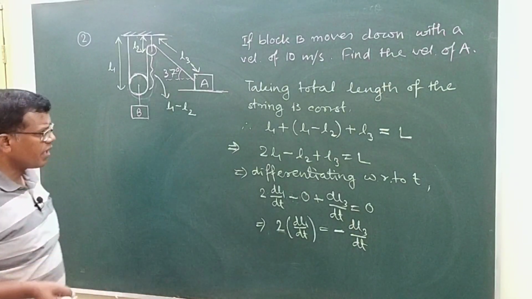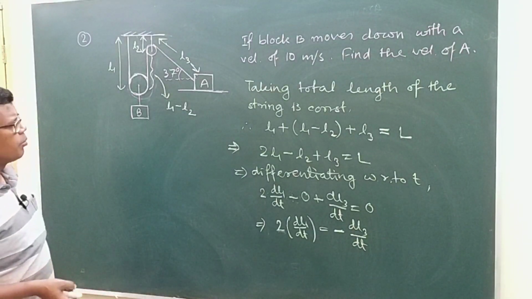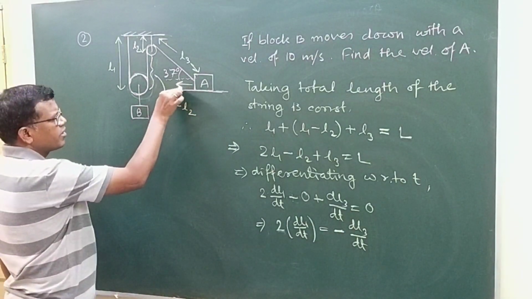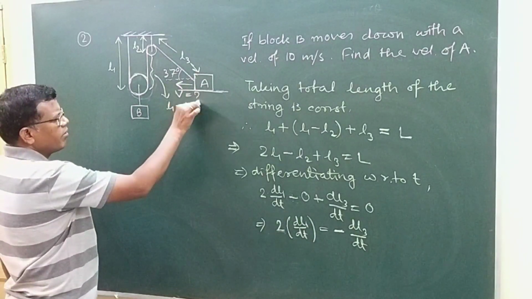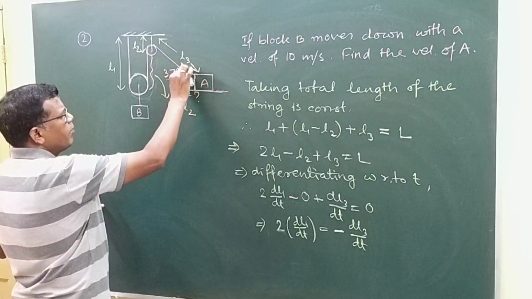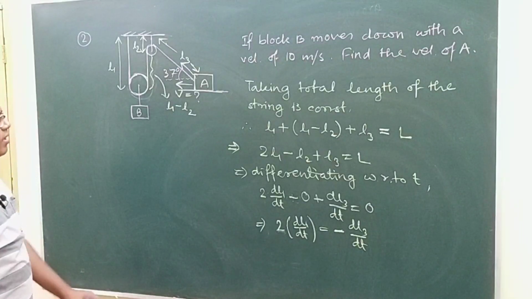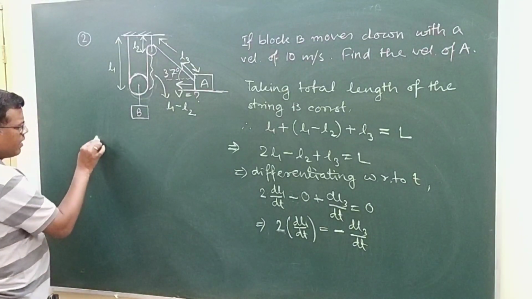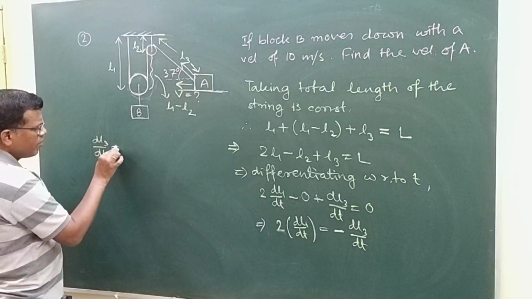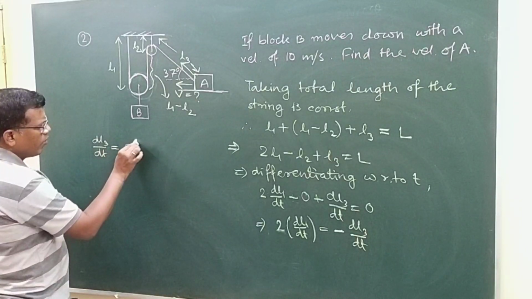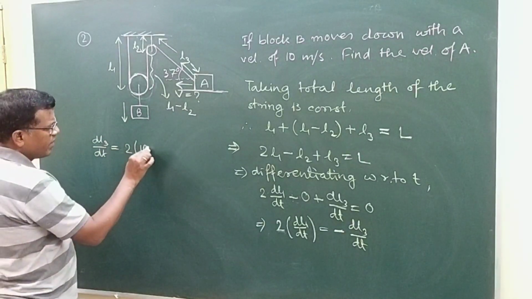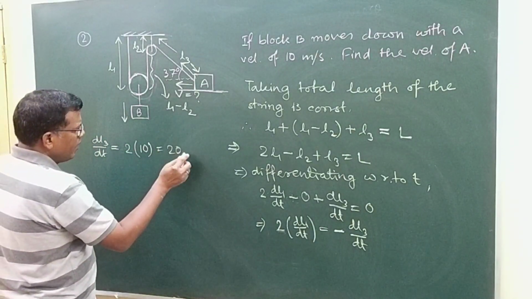Now the question arises, we are supposed to calculate the velocity of the block A. That means we need to know the velocity in this direction, but dL3/dt will be coming along the string. Got my point? In magnitude, dL3/dt is twice dL1/dt. dL1/dt is the velocity of block B, which is given as 10, so it is 20 meter per second.